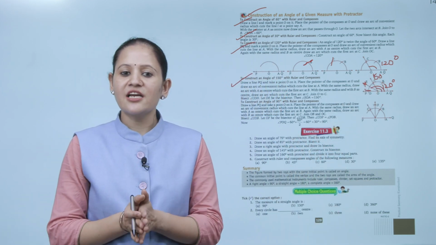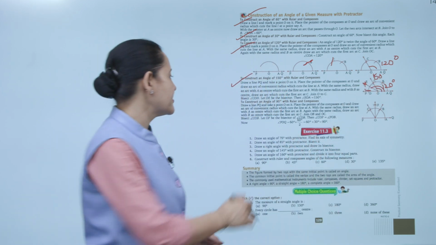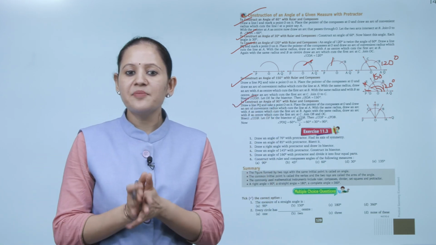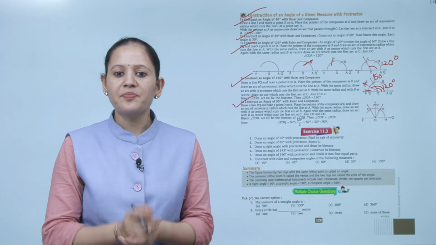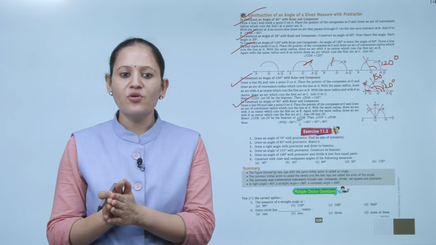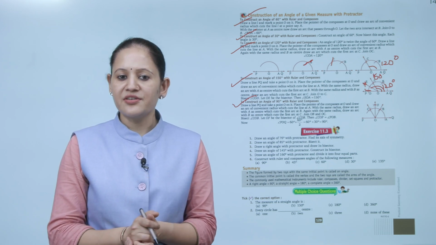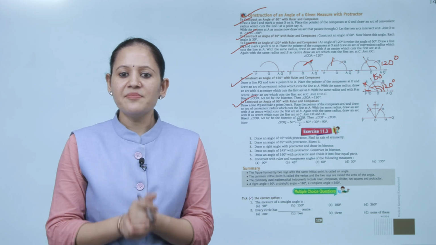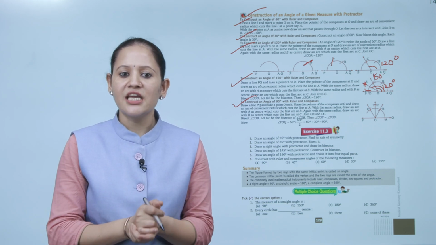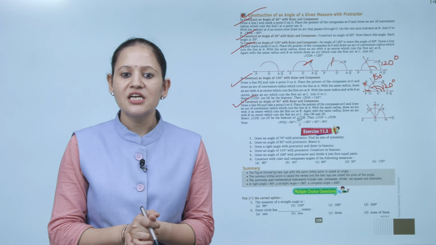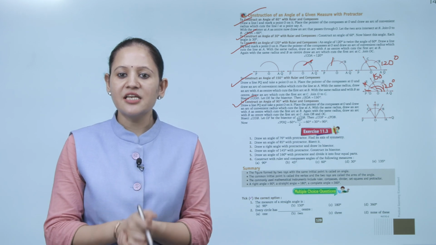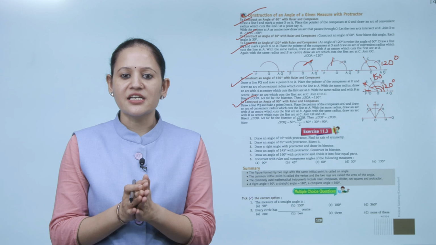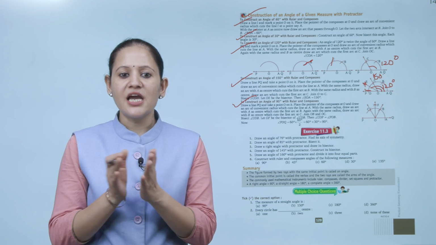Next is to construct an angle of 90 degree with the ruler and compass. Draw a line PQ and take a point O on it. Place the pointer of the compass at O and draw an arc of the convenient radius which cuts the line at A. With the same radius, draw an arc with A as a center which cuts the first arc at B. Again the same radius, draw an arc with B as a center which cuts the first arc at C. Join OB and OC.